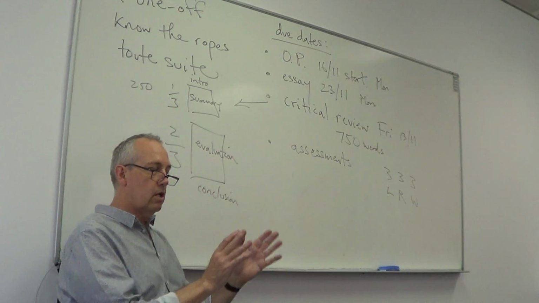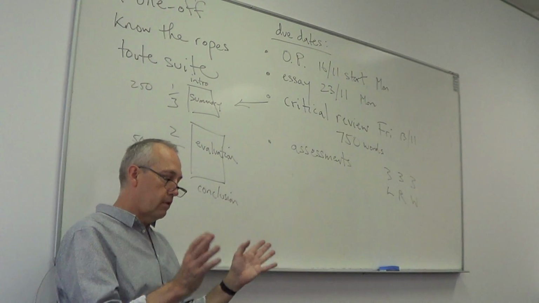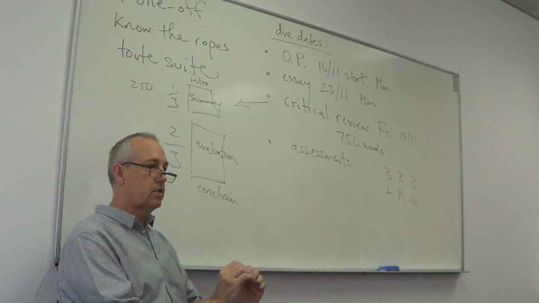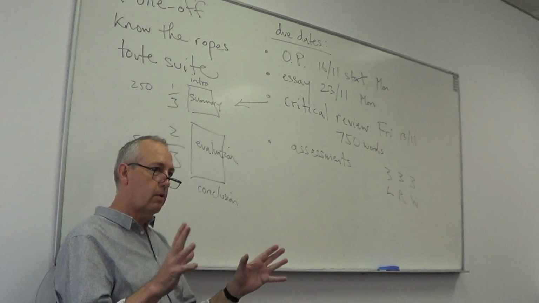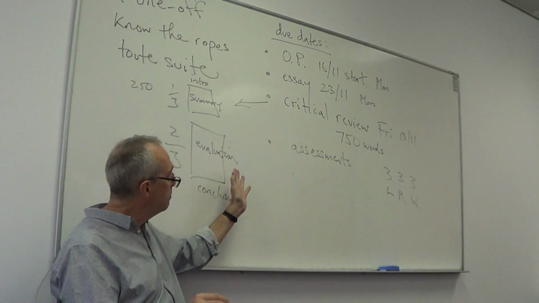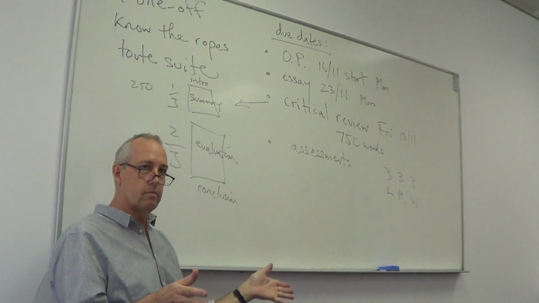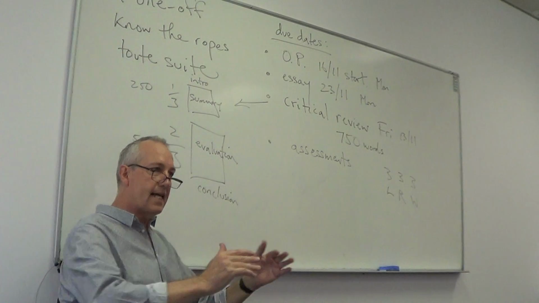Now, in the future, at uni, say, or in professional life, but certainly at uni, sometimes they do ask for a critical review, sometimes they don't. But all the skills that we're going to develop in getting ready for a critical review, even if they don't ask for them, you're going to use them. You're going to use them in writing essays generally.